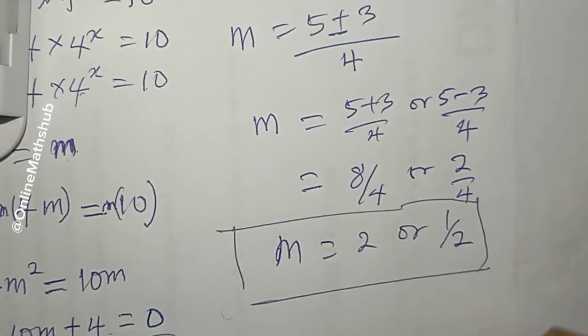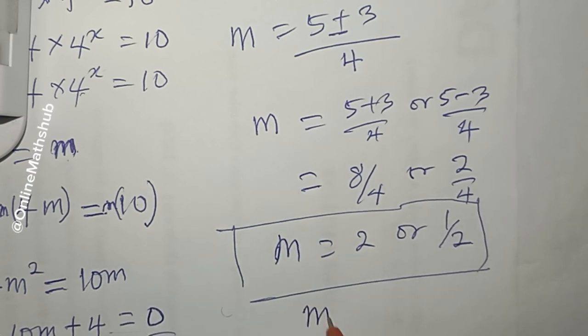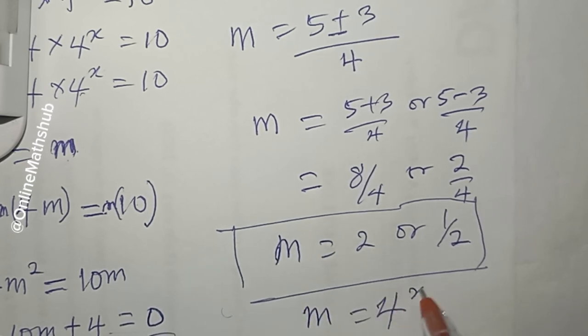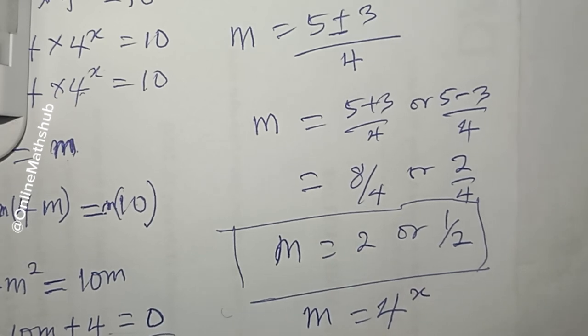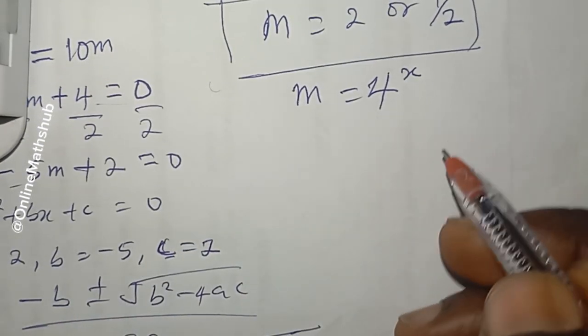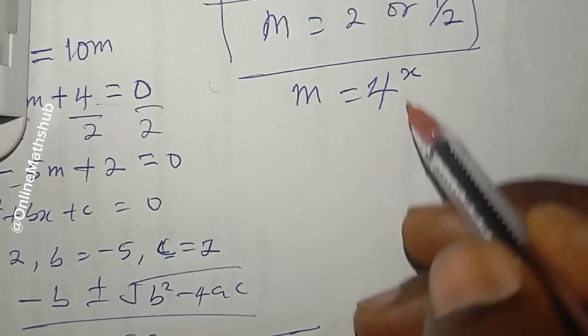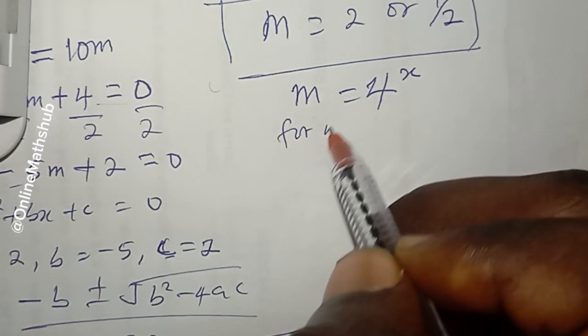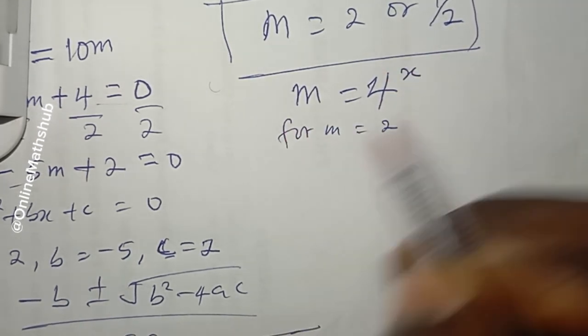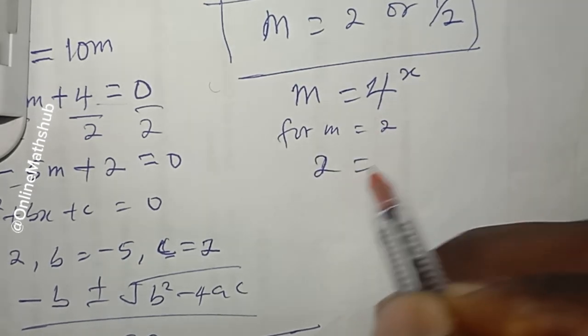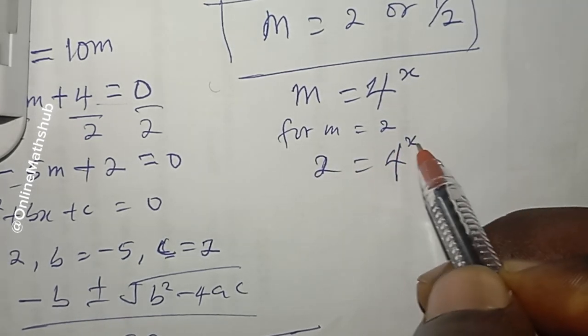Okay, so these are the two values of m, but then don't forget that we actually set our m to be equal to 4 power x. Okay, so we are now going to make this substitution so that we can find out the values of x that will satisfy the question we are solving. So for m equal to 2, we can now say 2 is equal to 4 power x.